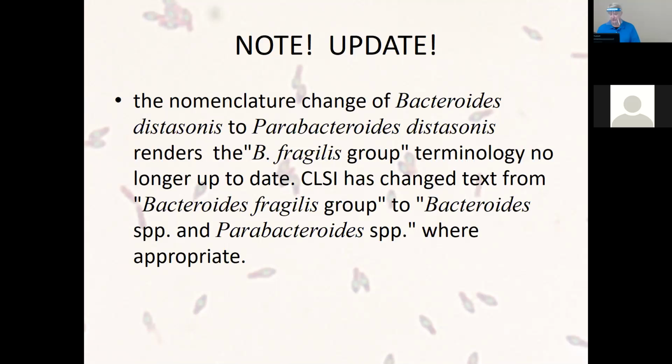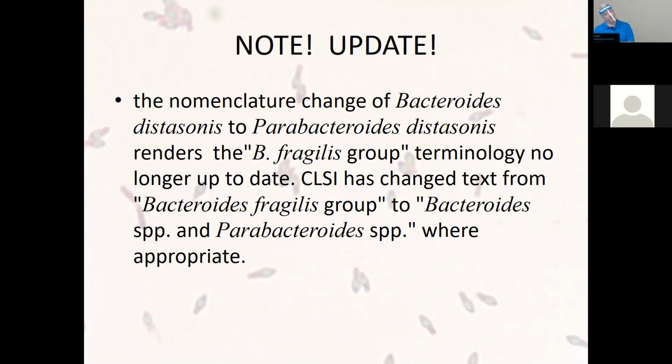The nomenclature change of Bacteroides distasonis to Parabacteroides distasonis renders the Bacteroides fragilis group terminology no longer up to date. The Clinical and Laboratory Standards Institute has changed the text from Bacteroides fragilis group to Bacteroides species and Parabacteroides species where appropriate.